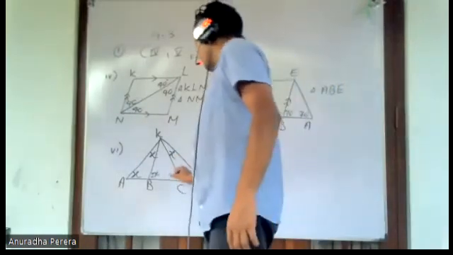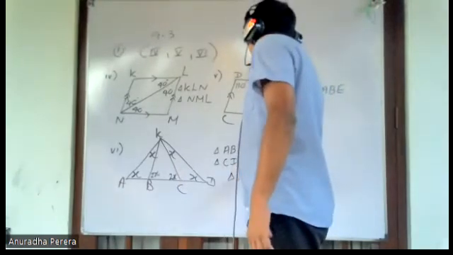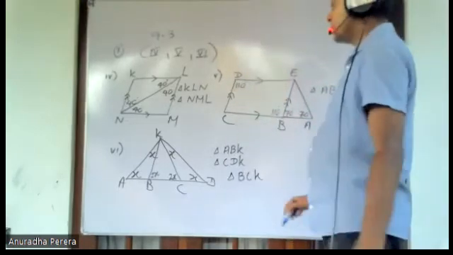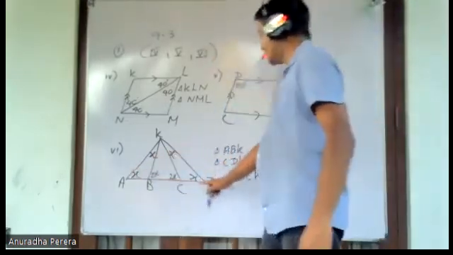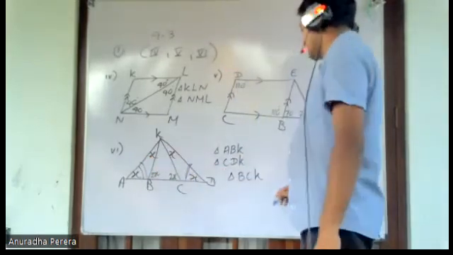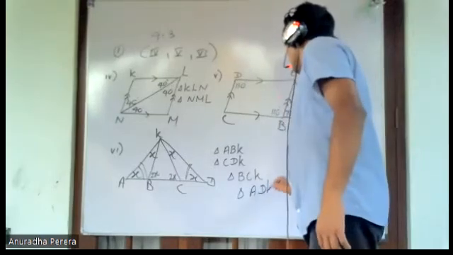This is also 2x. Then BCK is also an isosceles triangle. And the large one, ADK: this is x, this one also x. There are 4 isosceles triangles.